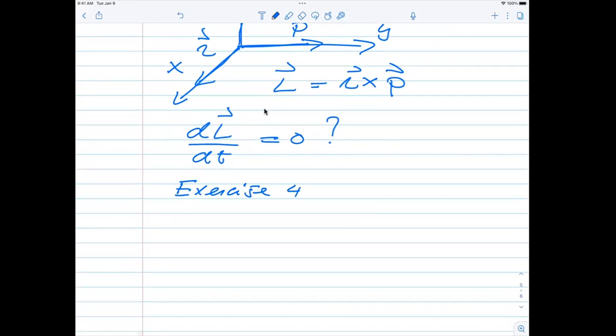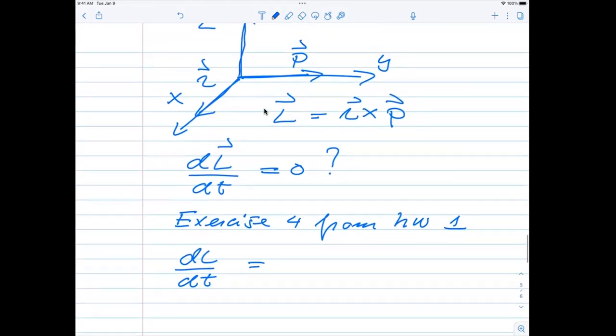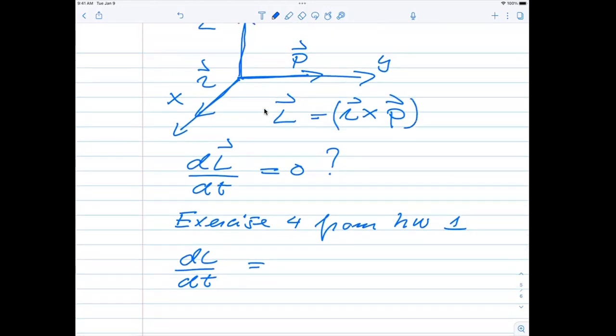Exercise 4 from homework number 1, the first homework. So we need to calculate dL, and remember now that the masses are time independent. So we can put the masses outside. Sorry, I forgot one thing here. This is multiplied with the mass of the object, because it's actually rotating an object. I forgot to put the m here.